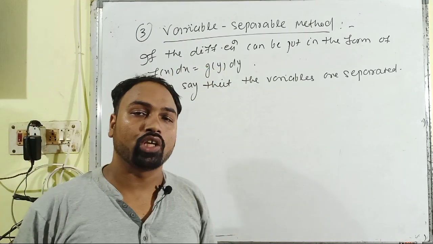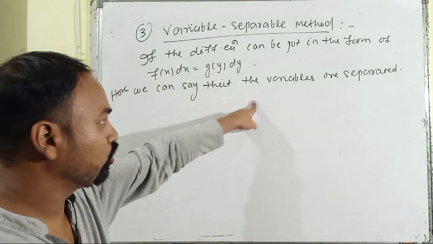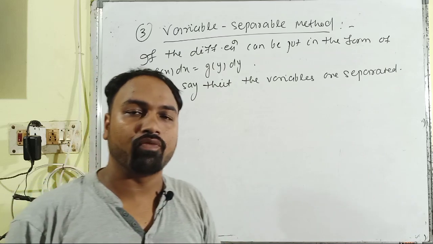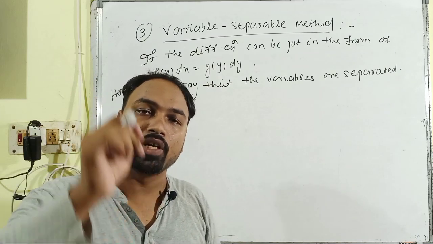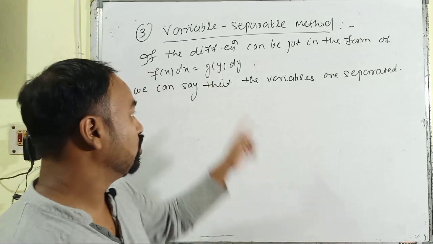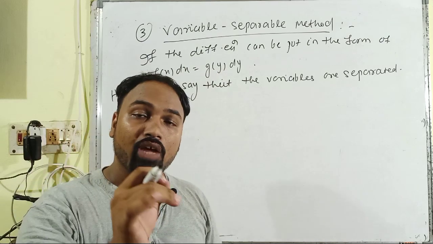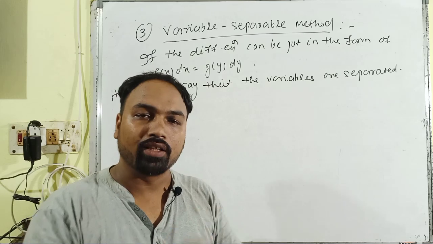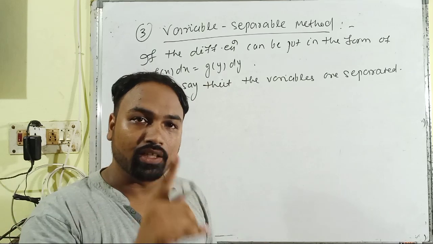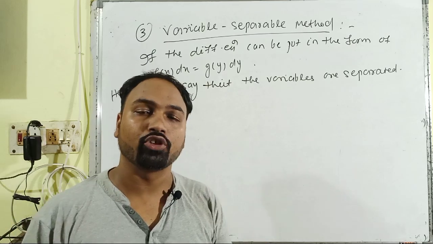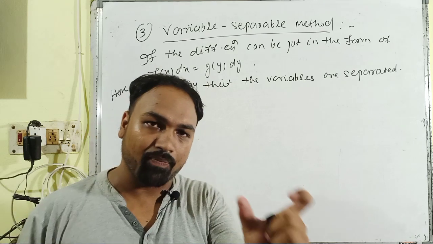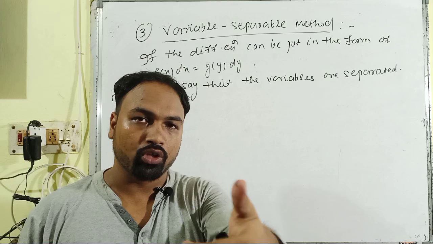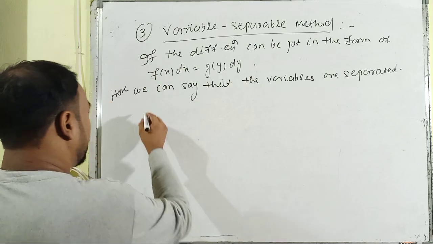Then we can say that the variables are separated. f of x contains the variable x only, and g of y contains the variable y only. Now after the separation of the variables along with their operators, we can move to the integration process.